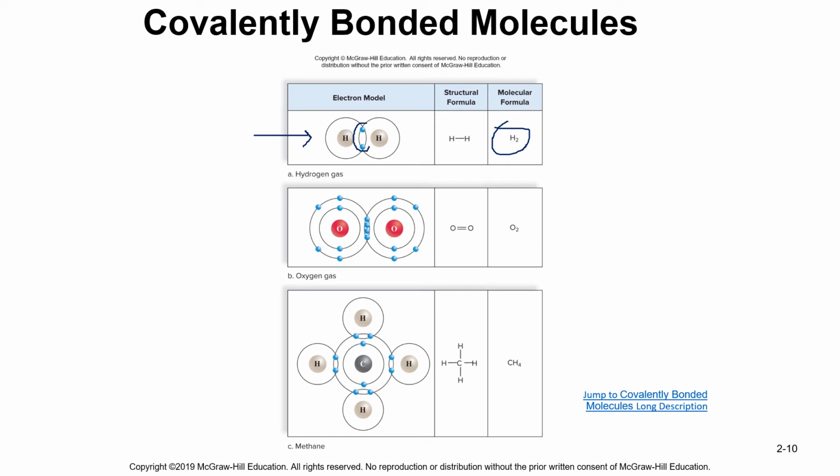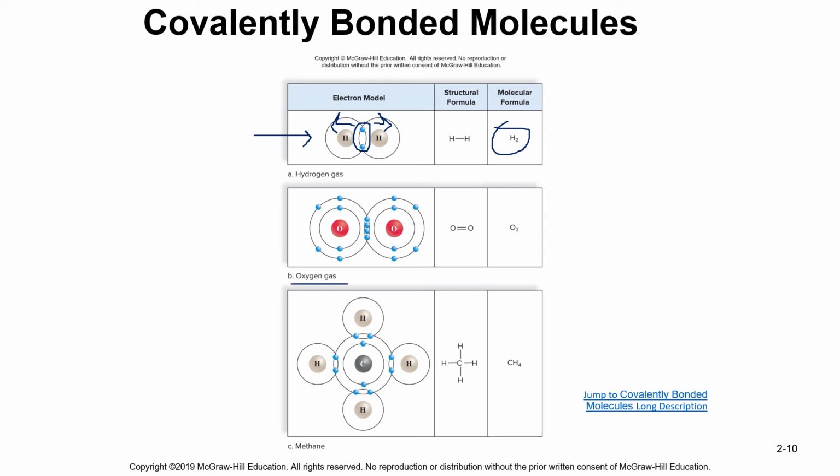So these 2 electrons will count for both this hydrogen and that hydrogen. And so their valence shells are full and they're happy. So hydrogen gas is very stable. Once it's in that form, it'll stay that way unless some energy gets involved.